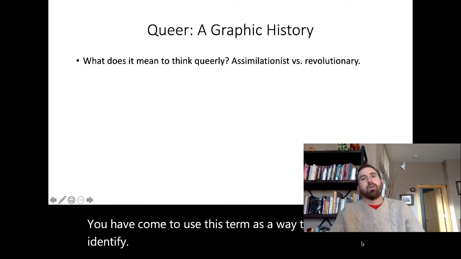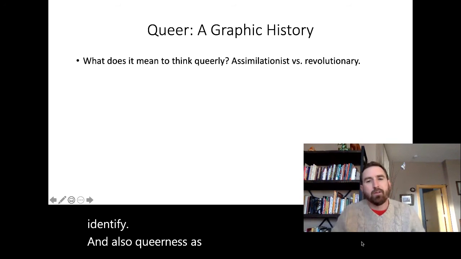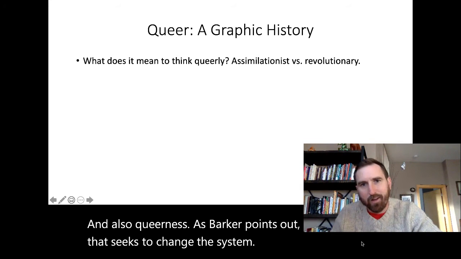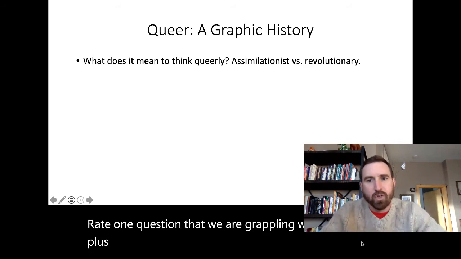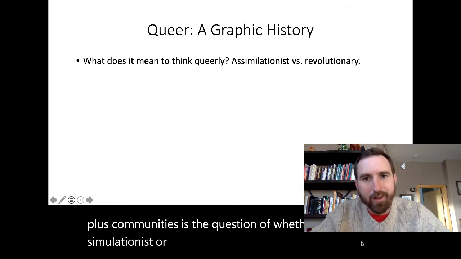And also, you know, queerness, as Barker points out, is something that seeks to change the system, right? One question that we are grappling with in LGBTQ plus communities is the question of whether we are assimilationist or revolutionary, right?